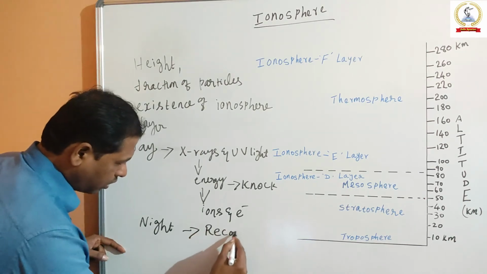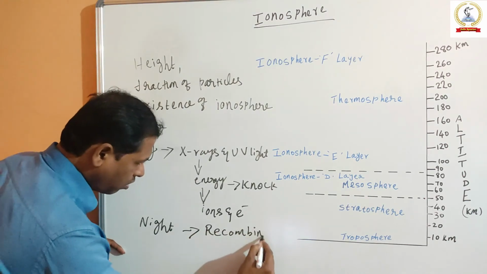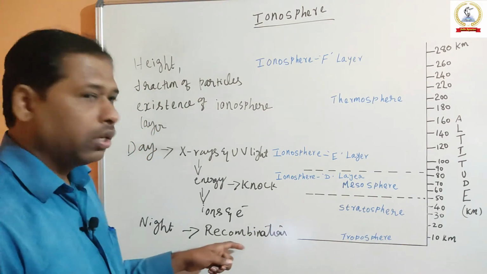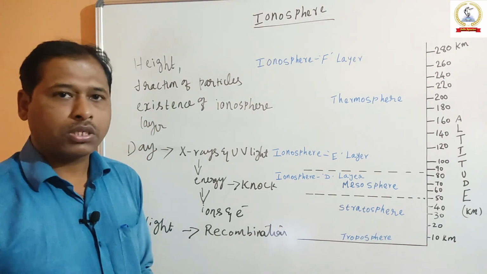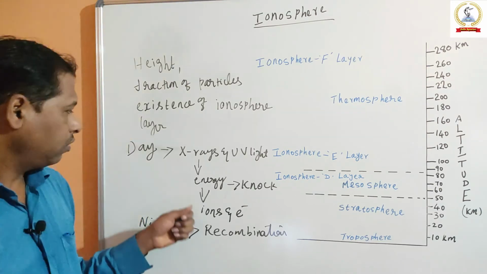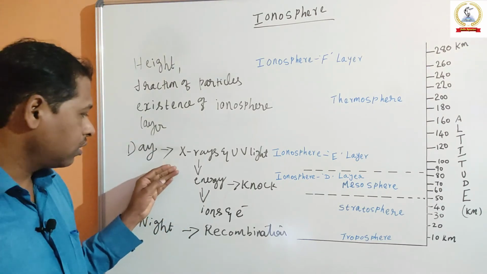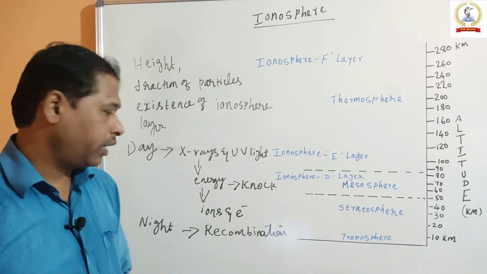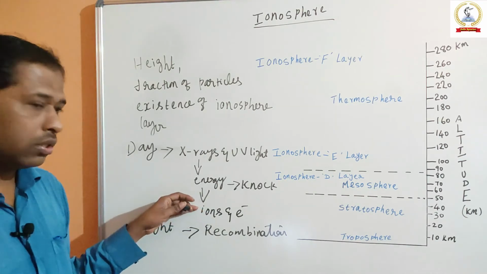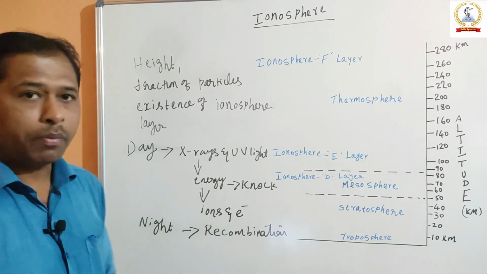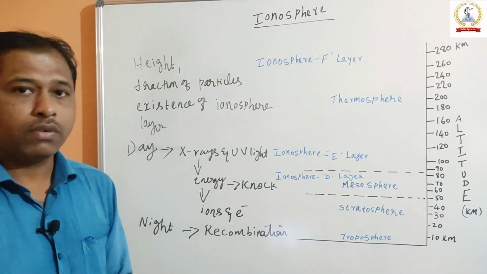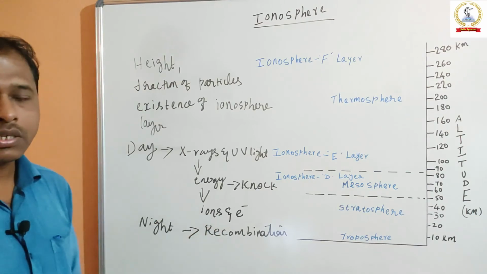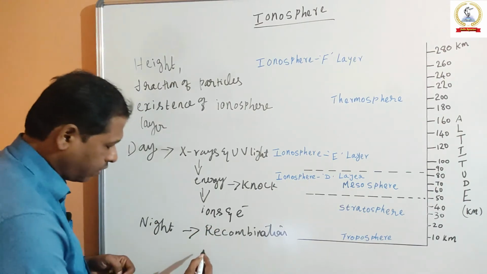the recombination process takes over in the absence of sunlight. You see, during day hours, whatever atoms and molecules were ionized, all these start recombining in the absence of sunlight. So the number of ions drops in night hours.